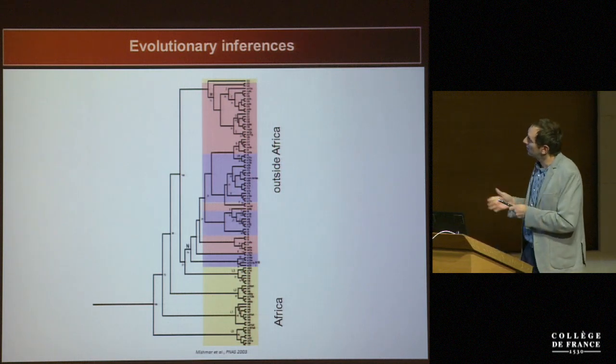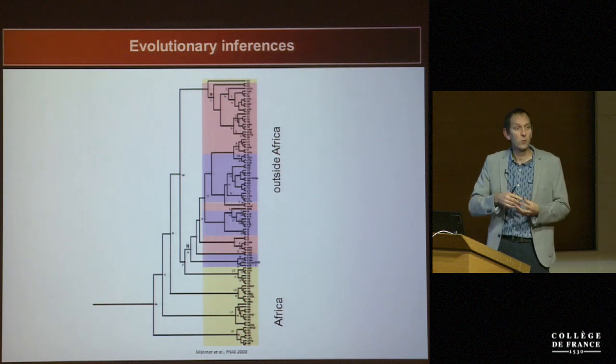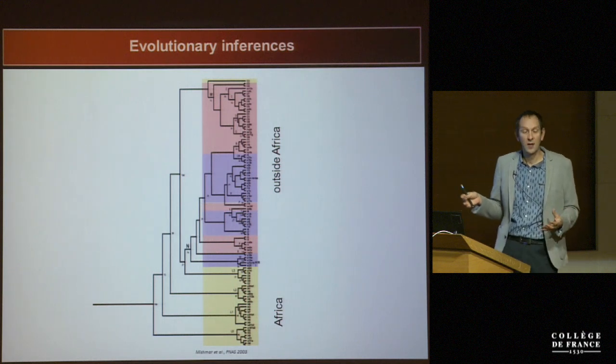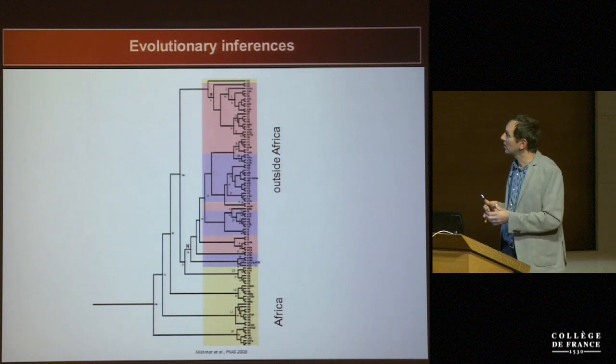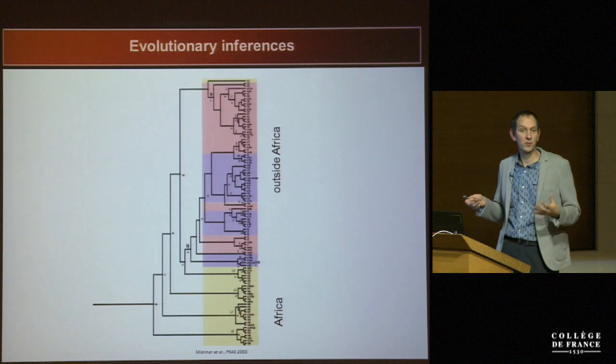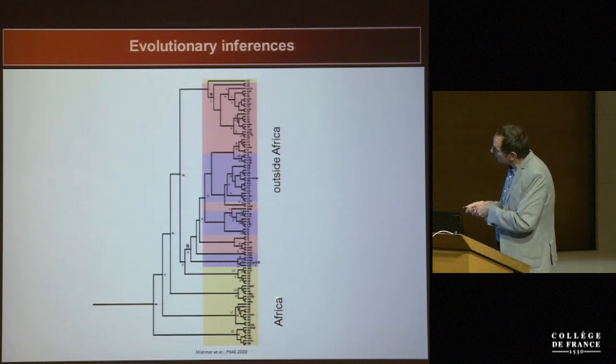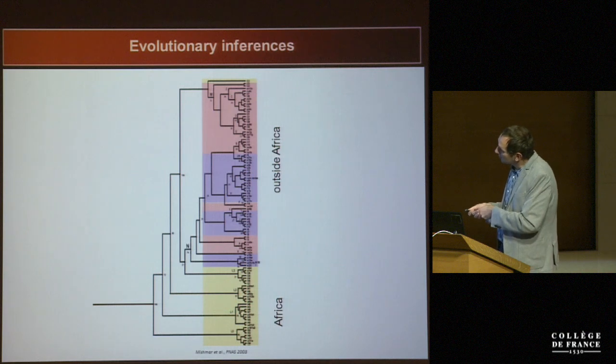This is a phylogenetic tree relating the sequences of a worldwide set of modern humans. It includes their mitochondrial DNA sequence, but you could take any part of the genome and you would get the same tree. It shows that if you compare two humans from Africa, you have to walk further down in the tree and then back up again to meet your relative.